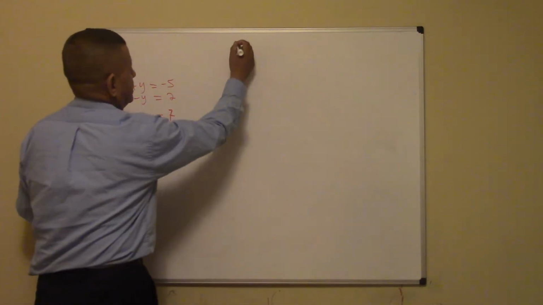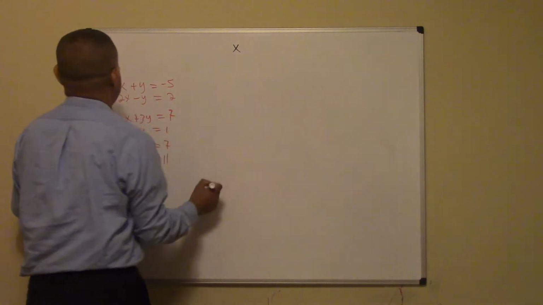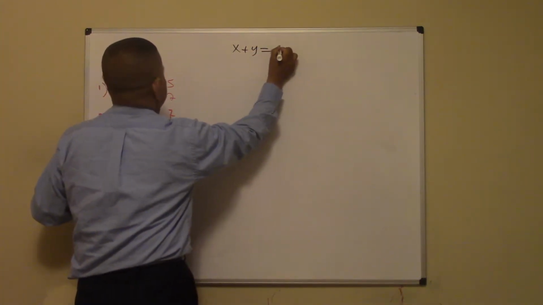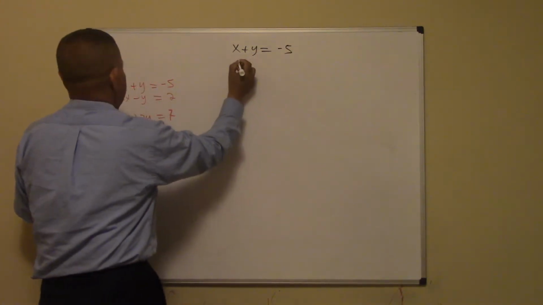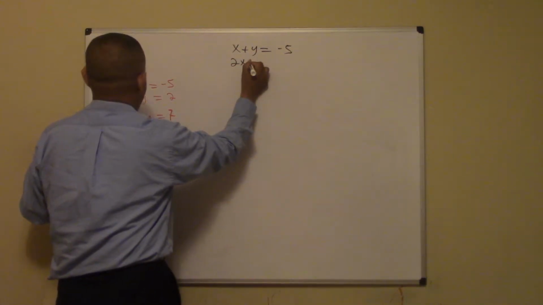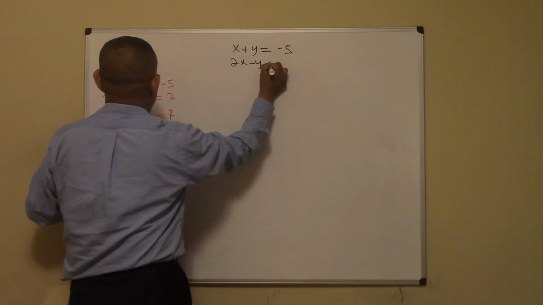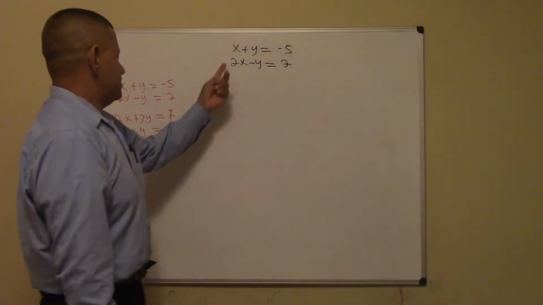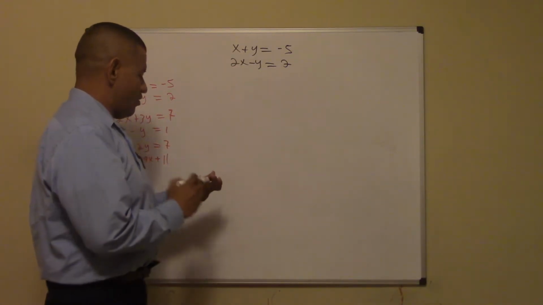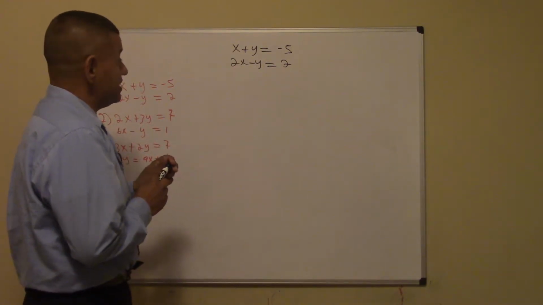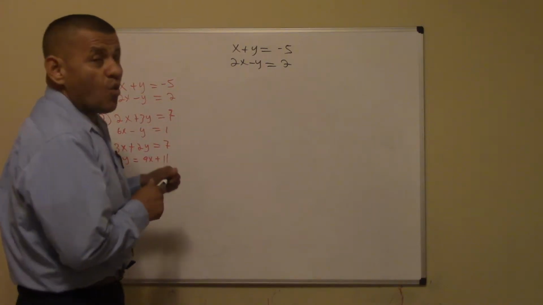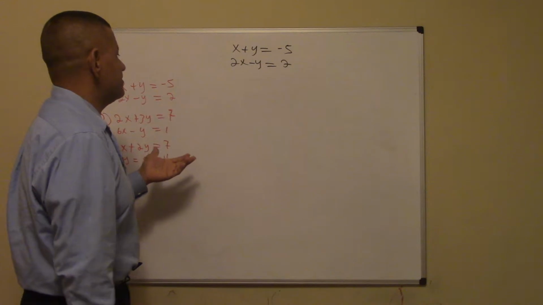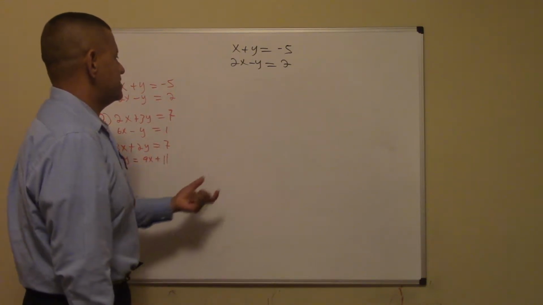The first one is x plus y equal to -5, 2x minus y equal to 2, right? So here, if I want to eliminate, I can eliminate x or y, okay? But the question is, which one will be easy to eliminate in this case?